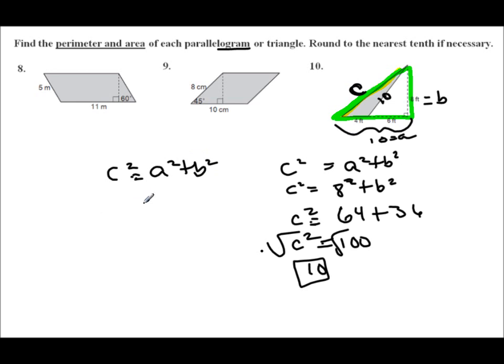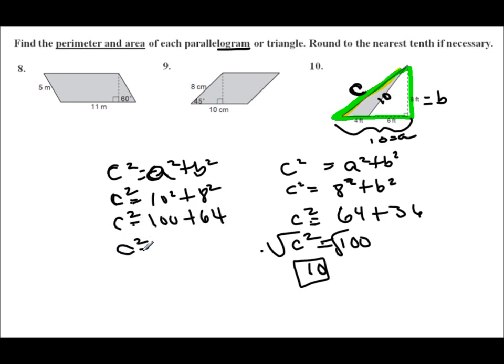And we have C squared equals 10 squared plus 8 squared. So C squared equals 100 plus 64. C squared equals 164.